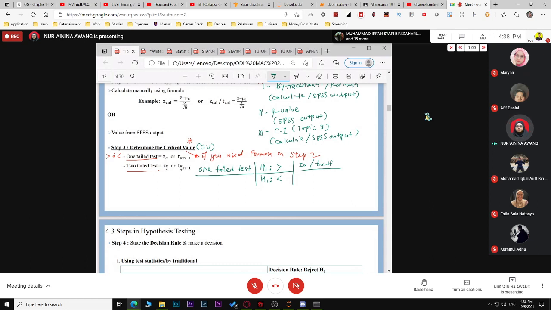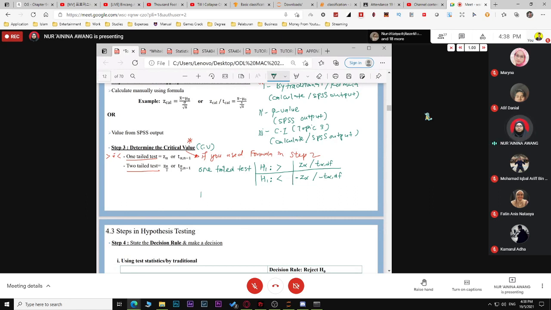Okay, but if the case is less than, your punya H1 is less than, so dia akan jadi negative. But your alpha is still alpha since the case is 1 tail test. Okay, tak perlu nak bahagi 2. Okay, so this is the case for 1 tail test. Okay, untuk satu side sahaja.